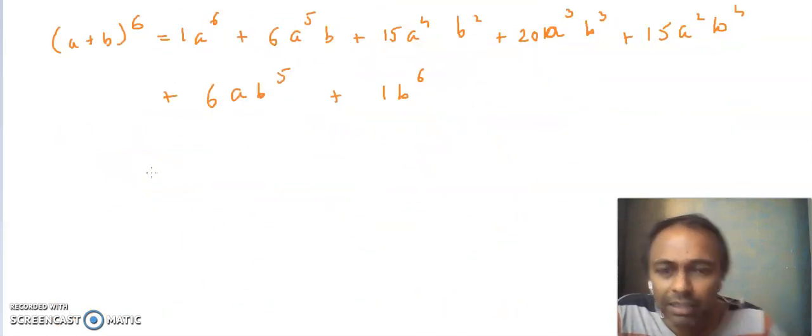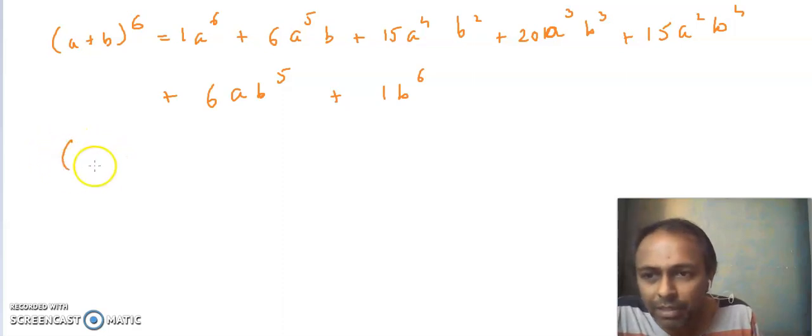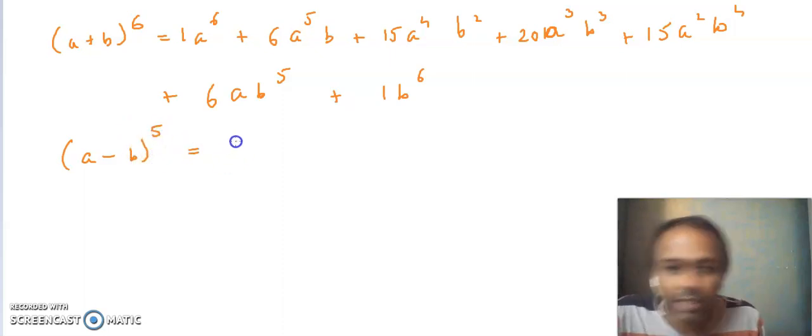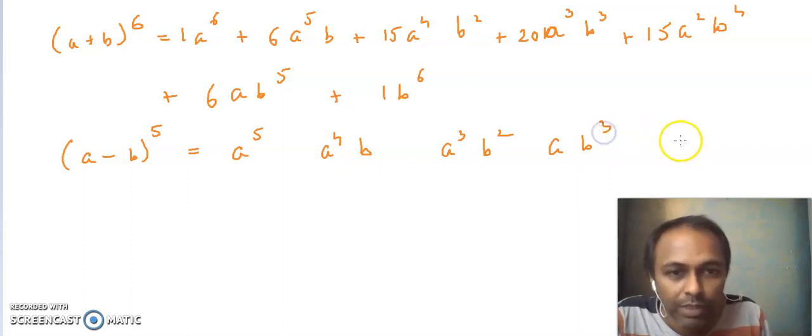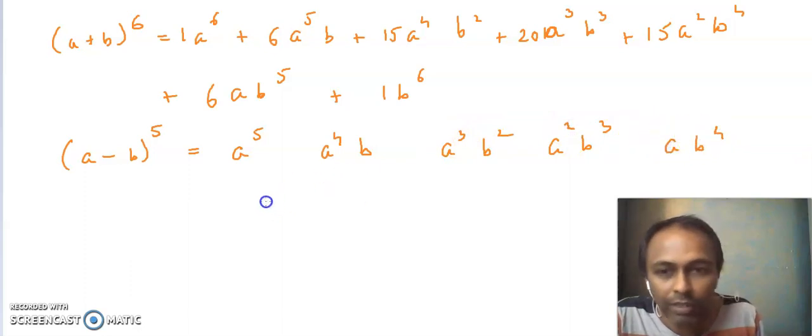Let's take the last example. Say we have (A minus B) raised to 5. Let's try writing the answer. It will become A raised to 5, then A raised to 4 into B, then A raised to 3 into B square, then A square into B cube, then A into B raised to 4, and finally B raised to 5.